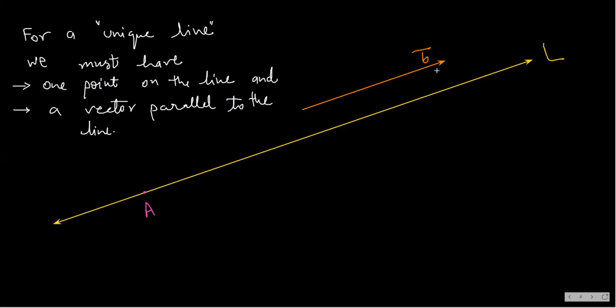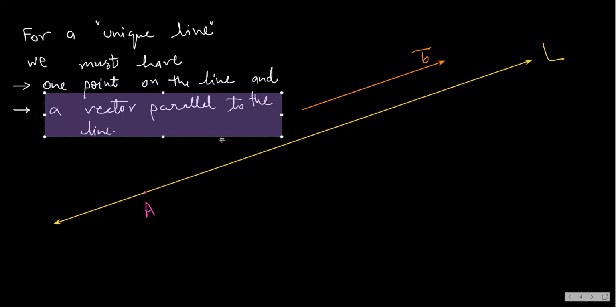They can give you the DRS of the line, and a vector parallel to the line could be replaced by the DRS of the line. It is one and the same thing, because with the help of the DRS you can write the parallel vector. Or they can give you the DCS of the line, because then you can write a unit vector along the line.